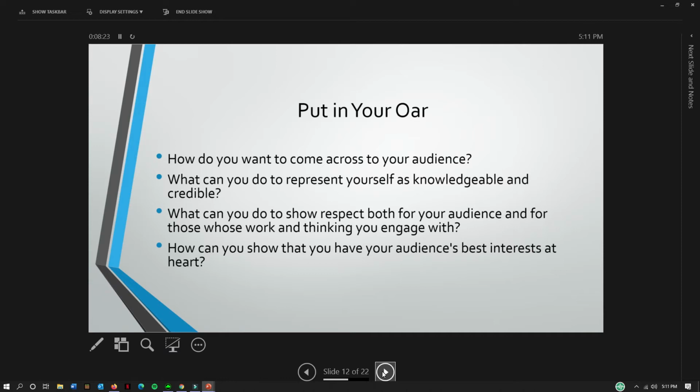So when you put in your oar, you have to think, how do you want to come across to your audience? You don't want to come across as a jerk, right? You want to represent yourself as knowledgeable and credible. And you need to show respect for both your audience and for the people whose work and thinking you engage with. So those people whose research you've read or what they have to say, you have to show respect for them.